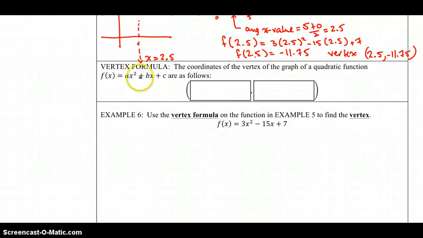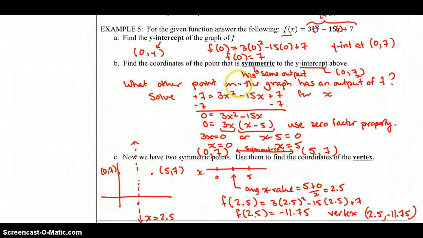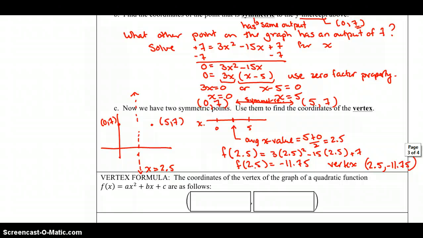So this leads us to something called the vertex formula. We can find two symmetric points like we did here: find our y-intercept, find the point that was symmetric to the y-intercept, and find our x-coordinate midway between those. But we can also start to notice some patterns as to where those numbers came from.